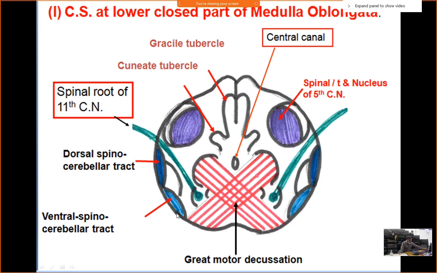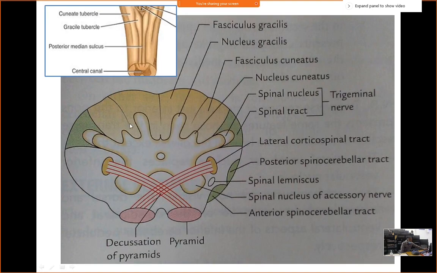It lies ventrally, that is why it is called the ventral spinocerebellar tract. Dorsal to it, this is our dorsal spinocerebellar tract. And another thing, the nucleus in the white matter, that is our spinal root of the 11th cranial nerve, or accessory nerve. So here is another picture. This is our dorsal aspect.